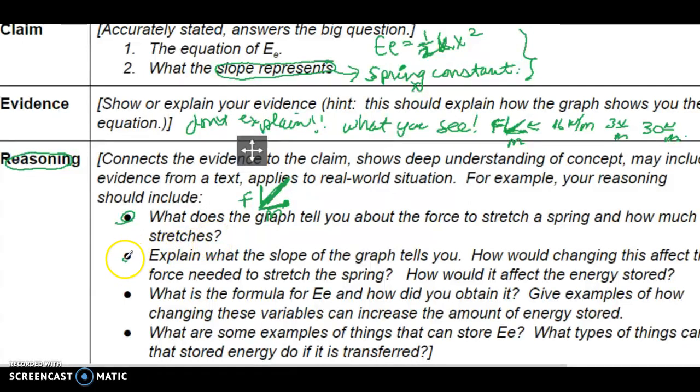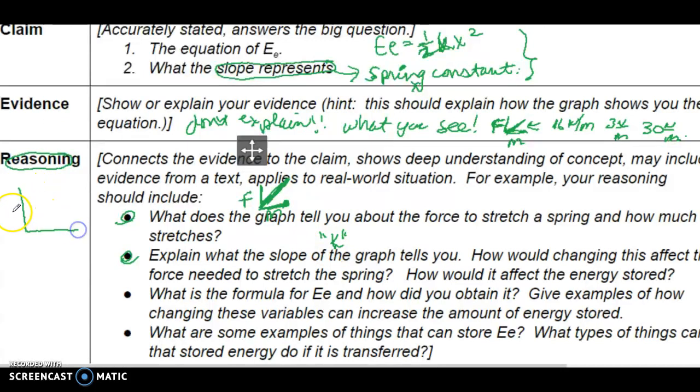Here again, I want you to explain the slope of the graph. So what is it called? What is its letter? What does it mean? And how would changing this affect the force needed to stretch the spring? So this is kind of important.